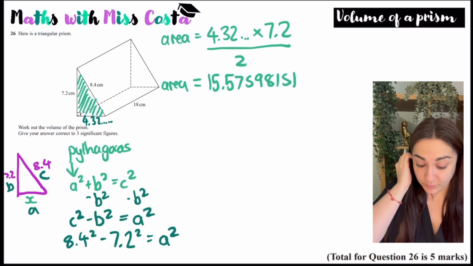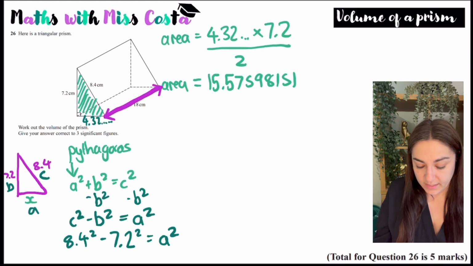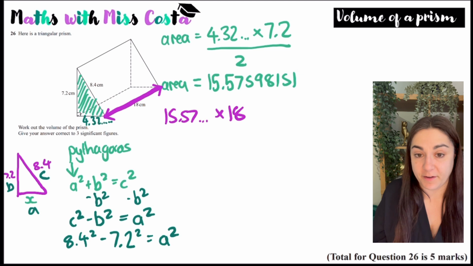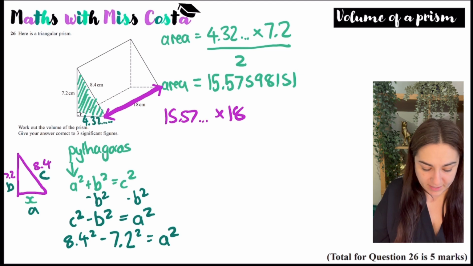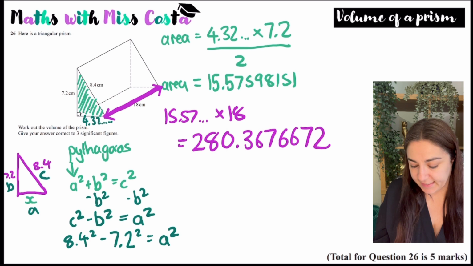Now, what I do once I work out the area, I multiply the area by the length. So I'm just going to do 15.57 times by 18. And if I've left it in my calculator, I don't need to write it all out again. I just multiply by 18, and that gives me an area of 280, or volume, sorry, 0.3676672.